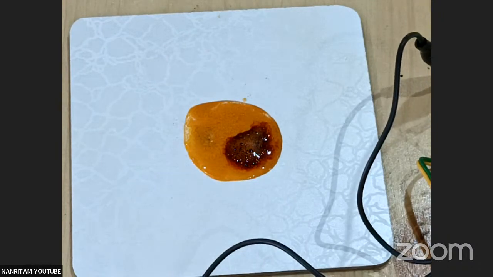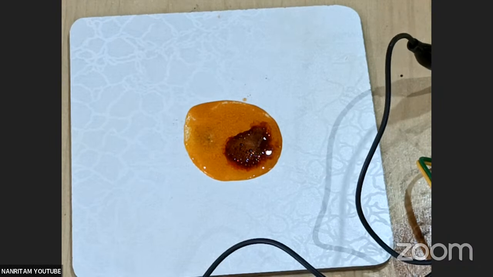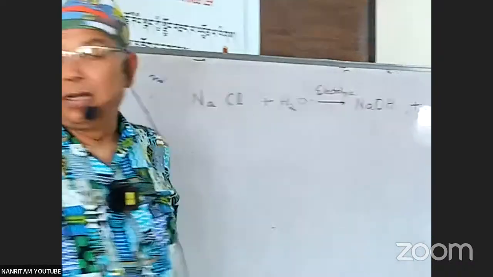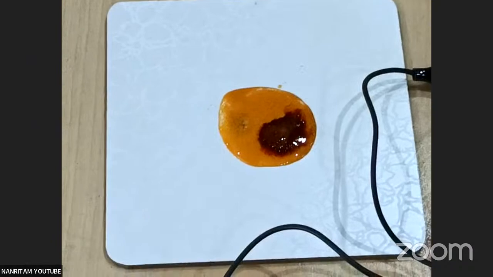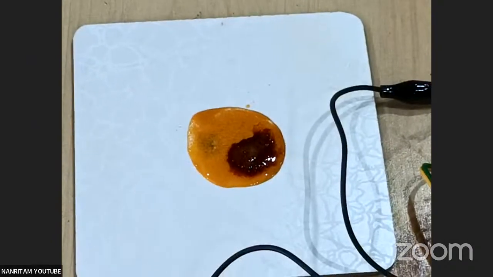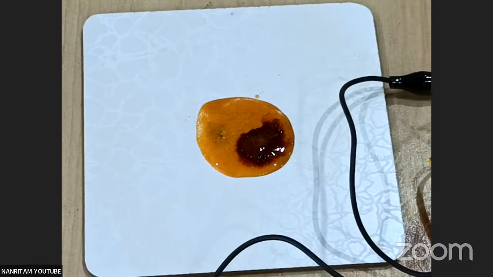And in the negative terminal, the equation that we wrote does not mention any bubbles. And HCl, if you look at it, focus on it, so you find that one side has become red, other side is yellow. Why did that happen? Because on the negative terminal you find that NaOH ions are moving in that direction. Ionization was there, so ions have moved in that direction.